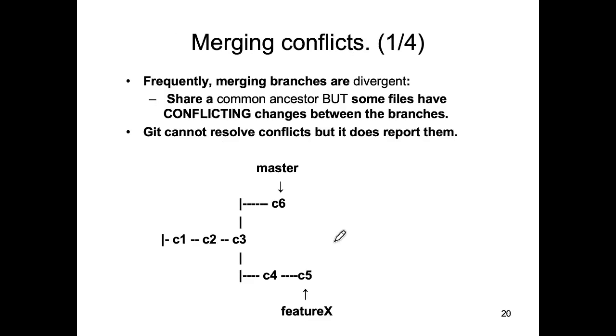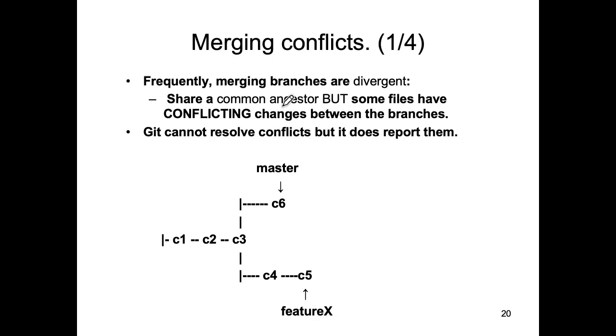Now we're still left with our feature branch though. And in this case, the merge is not as straightforward. So I'm saying here, frequently the branches you are merging are diverging. Technically, bug Y and master, well, not technically, they were not diverging branches.